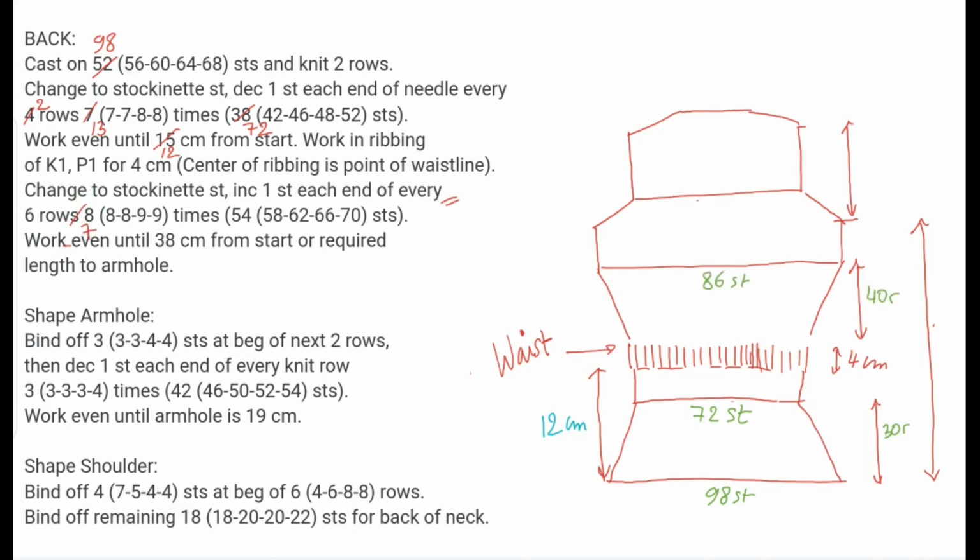And just to keep track, I've added the number of rows that this needs to happen over and how many stitches we need to have at the bust. And for us, we shall work even until required length to armhole. Alternatively, maybe you took a measurement from the hip to under the arm, and so you know what this is, so you need to put in your own measurement in here.